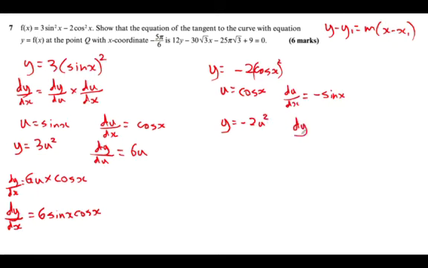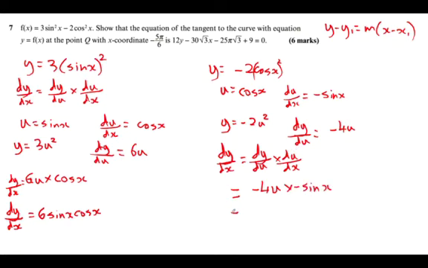So dy du equals minus 4u. I write down my chain rule again, dy dx equals dy du times du dx. Substituting in, dy du is minus 4u multiplied by minus sine x. Bringing my u back, which is equal to cos x, minus 4u times minus sine x gives 4 cos x sine x.